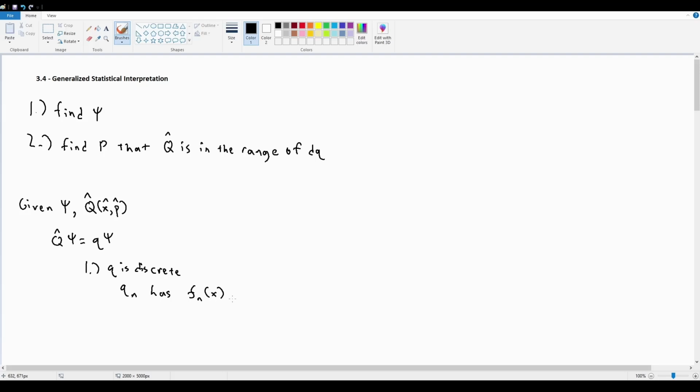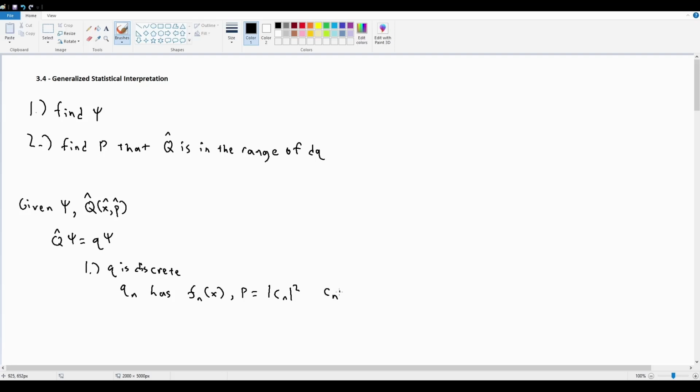and the probability of finding this specific eigenvalue when you measure Q is equivalent to the coefficient, Cn squared. And you find the coefficient through Fourier's trick, which we did multiple times starting from chapter 1.